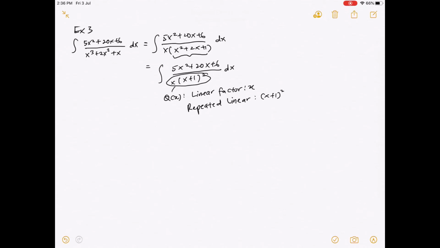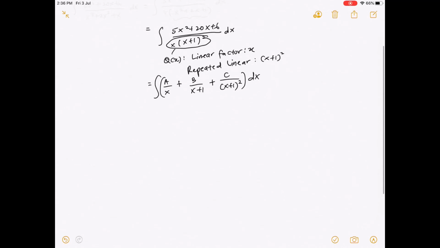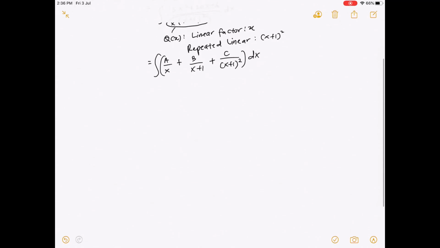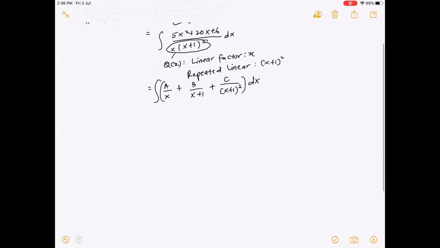Okay, so transforming into partial fractions, we will have a over x plus b over x plus 1. Okay, since it is a repeated linear factor, again c over x plus 1 squared. Now let us find the value of a, b and c.